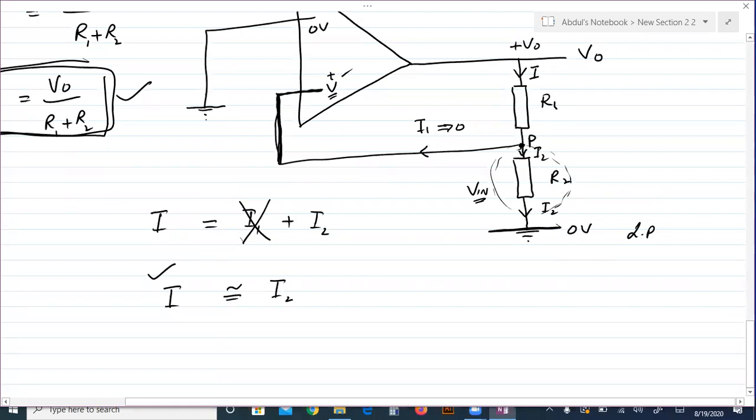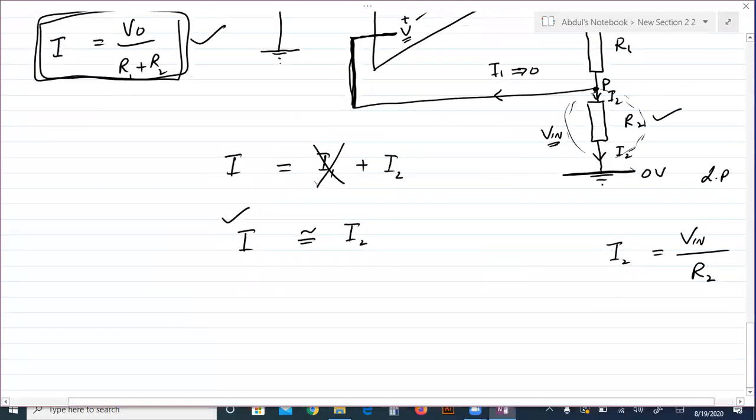Look, according to Ohm's law again, I2 current is equal to the potential difference. The potential difference across this resistor is actually the input given to the op-amp, divided by resistor R2. Now substitute these two values. I is V naught divided by R1 plus R2, and I2 is the input voltage to the op-amp divided by R2.